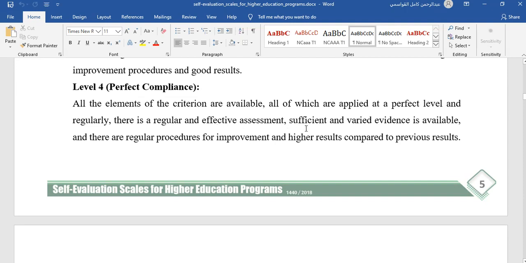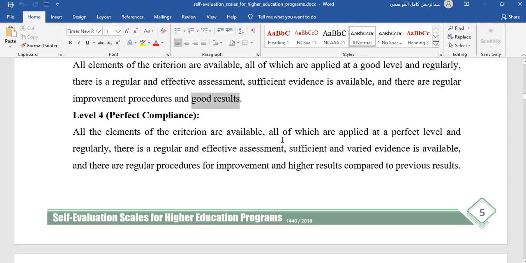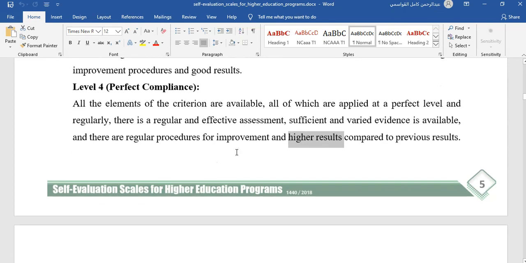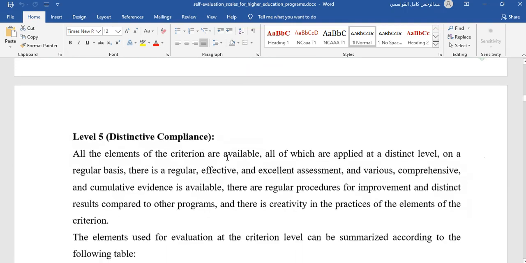Sufficient, and not only sufficient but also valid evidence is available, and there are regular procedures for improvement and higher results. See, good results there, and here we have higher results compared to previous results, which means you have an improvement year by year.